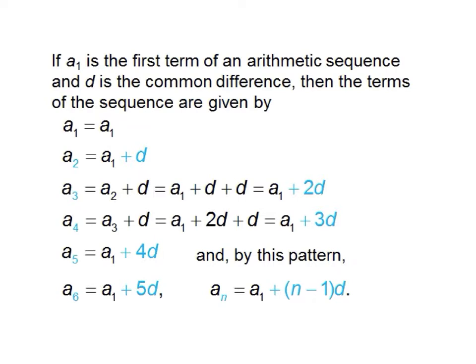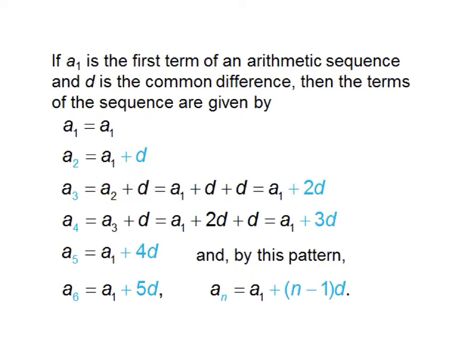This next slide is going to be a little bit difficult to follow, okay? But what we're doing is we're actually generating a formula. So we have a sub 1 is the first term of our sequence. So a sub 1 is equal to just a sub 1. To get the second term, we take the first term plus the difference. To get the third term, we take the second term plus the difference.